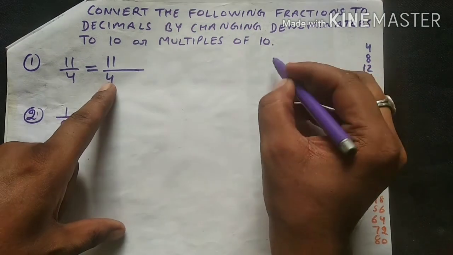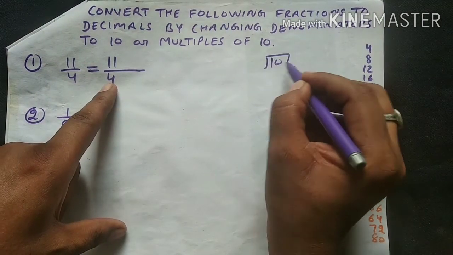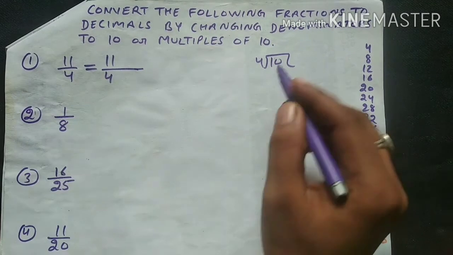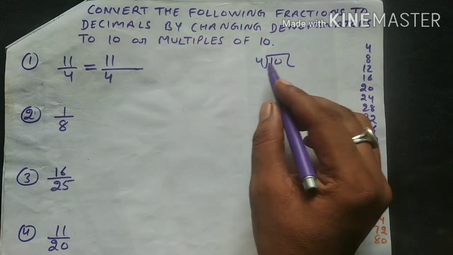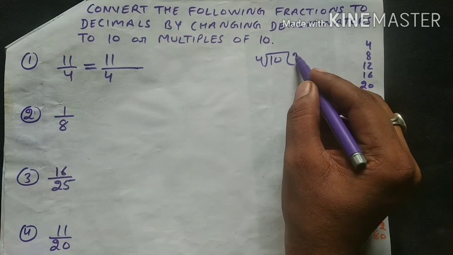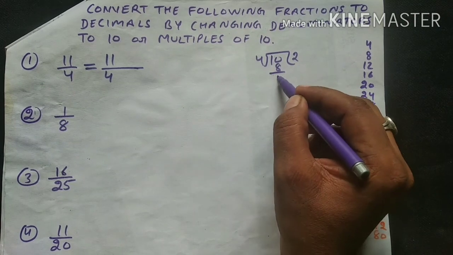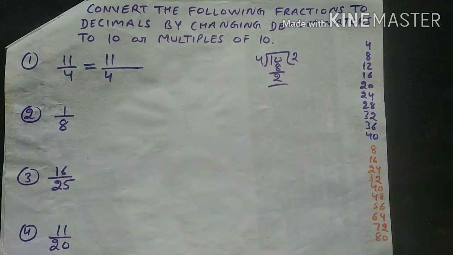If we divide 10 by 4, then we see 4 2s are 8 and the remainder is 2. So we can see that we can't get exactly 10 in the table of 4.